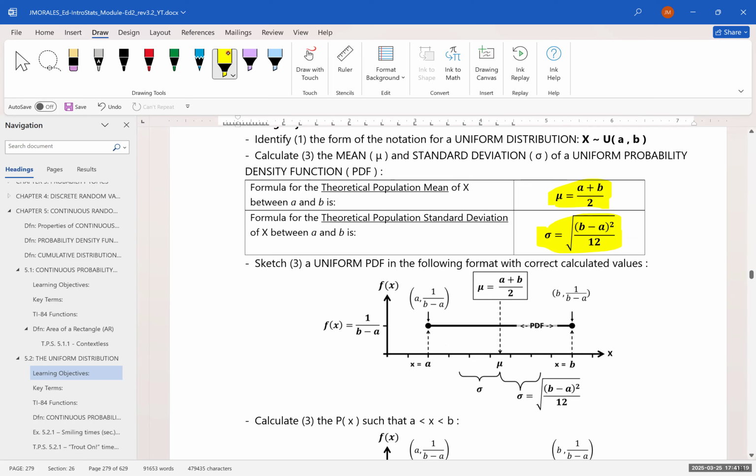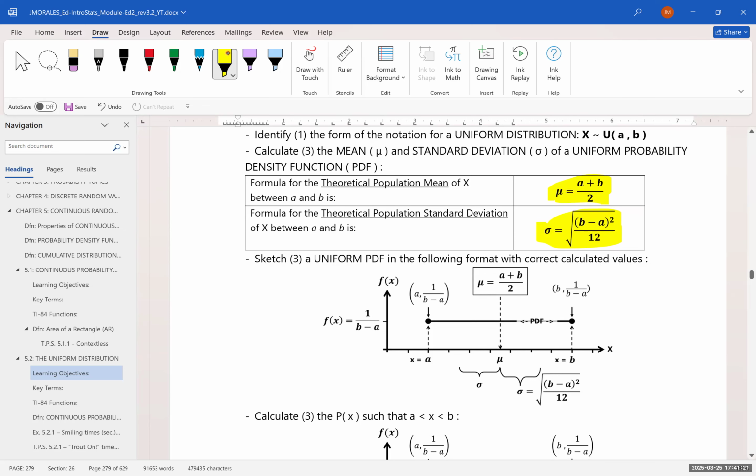In the previous section, you saw that we had a probability density function, which is defined by this equation here, and A and B are the minimum and maximum values of the PDF.